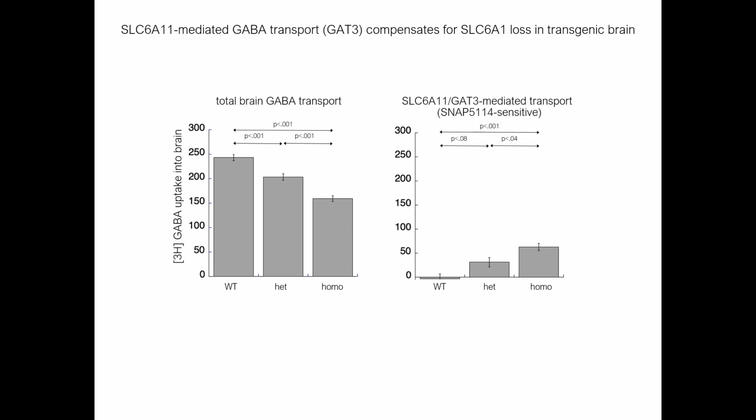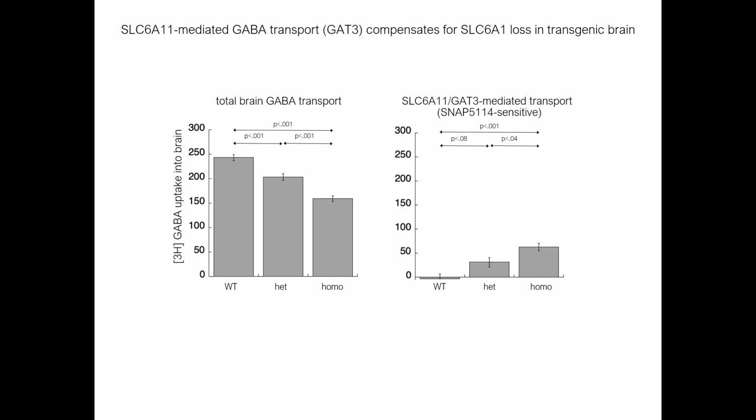Looking at this gene dose dependence, the total GABA transport is reduced in the het and the homozygous mice. What's interesting is the uptake mediated by the other major GABA transporter in the brain, SLC6A11, also known as GAT3, which we can study with another selective inhibitor called SNAP 5114.